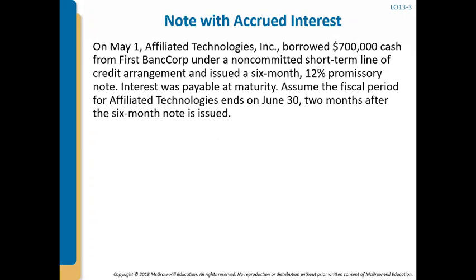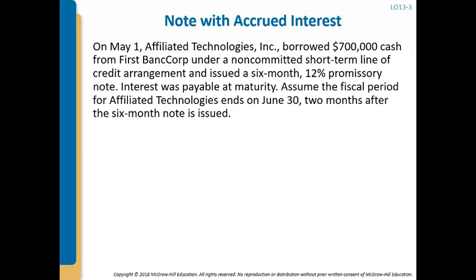So here's an example of a note with accrued interest. They borrow $700,000 on May 1, 6 months, 12% promissory note. Interest payable at maturity. Assume the fiscal period ends June 30th, 2 months after the 6-month note is issued.